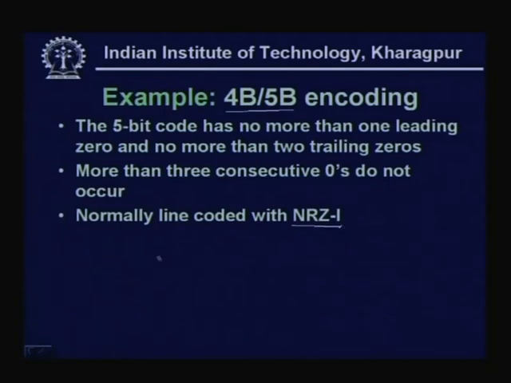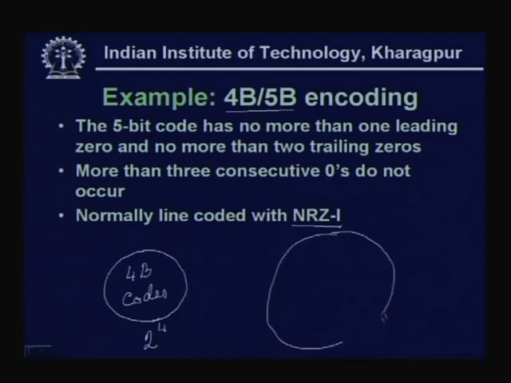So, what you are essentially doing, suppose here it is the code set for 4B codes, and as you know, there will be 2 to the power 4 symbols, and obviously the 5B codes will be larger. The 5B codes will have 2 to the power 5, that means here it is 16 and here it is 32.